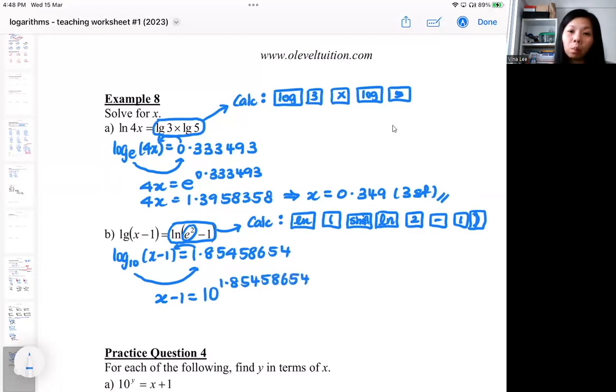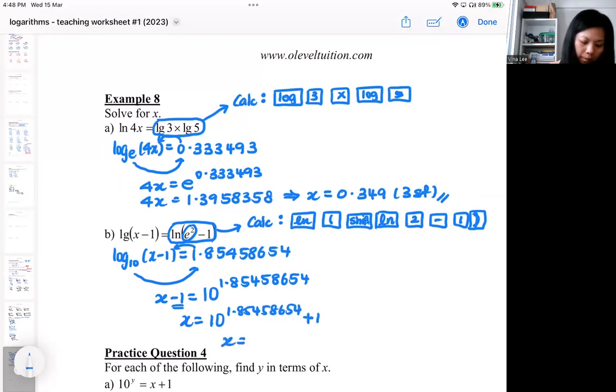Then you bring the 1 over. So shift the 1 over. So you'll be something like this, plus 1. So apparently you don't get a nice number. So you just give a 3 SF.